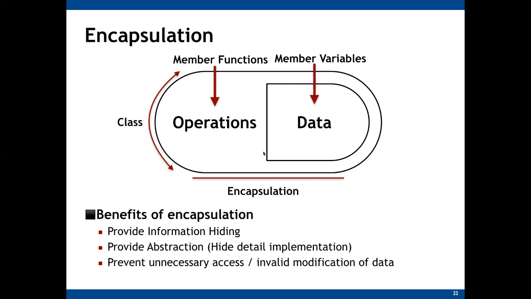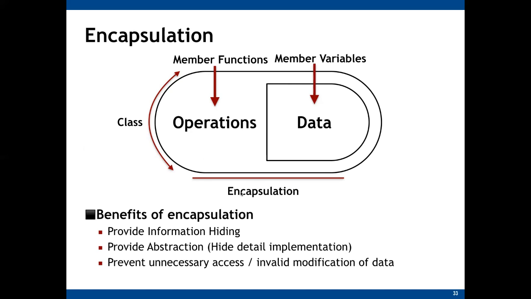Then why do we care about encapsulation? The answer is that encapsulation gives some benefits to us, shown here. The first benefit is information hiding. We can make member variables private to the class.